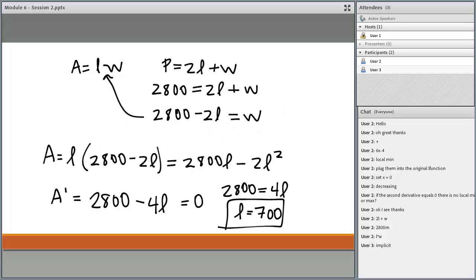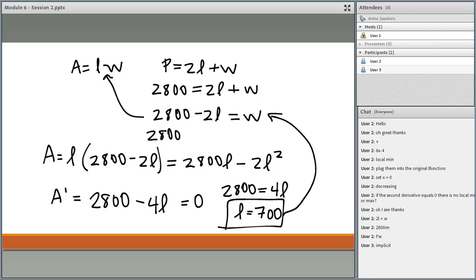And now I have L of 700. And what I can do with that, because that represents the dimension for the length, is I can go back over here to the equation for W, and I can plug that in and I can find out what the width value is.